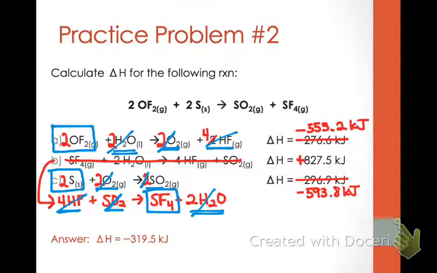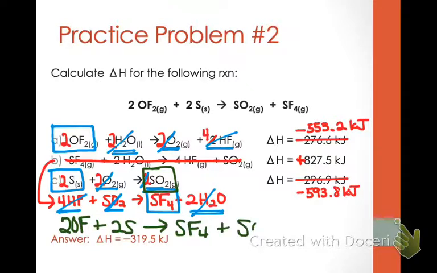So if I rewrite this, let me just change colors so it doesn't get all crazy on the slide here. I have 2OF plus 2S yields SF4, and I forgot to box that one out, plus SO2. And that is my overall reaction.